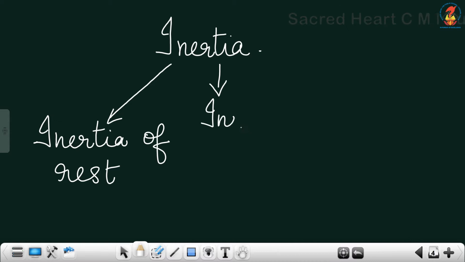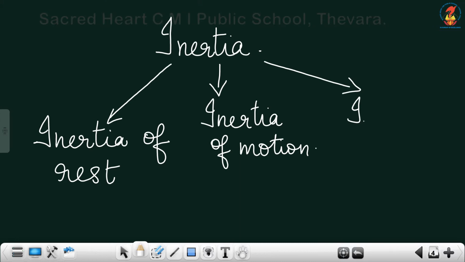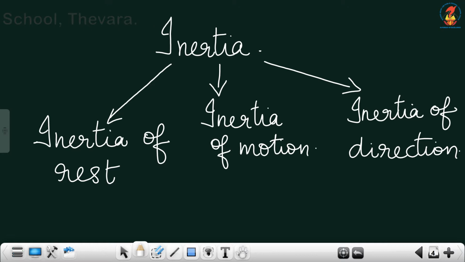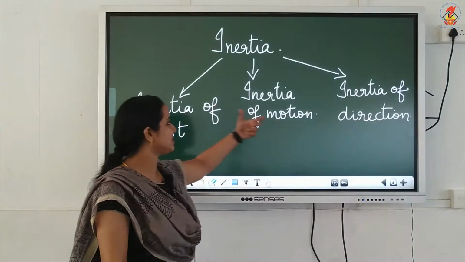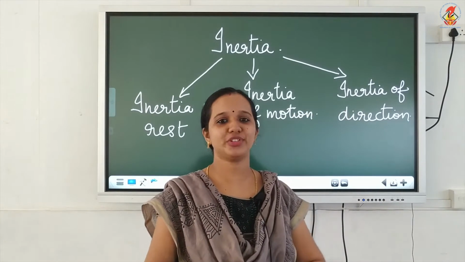Second one, inertia of motion, and third one, inertia of direction. The three types of inertia are inertia of rest, inertia of motion, and inertia of direction.